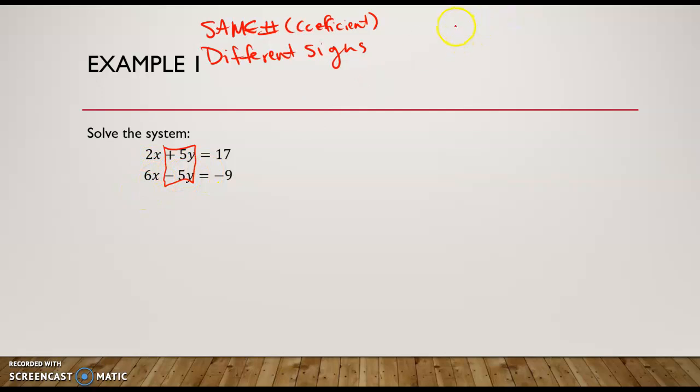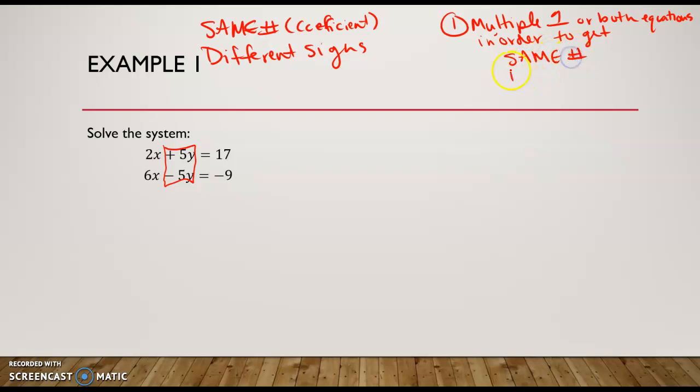So if you do not already have same number, different signs, then your first step will be to multiply one or both equations in order to get same number, different signs.